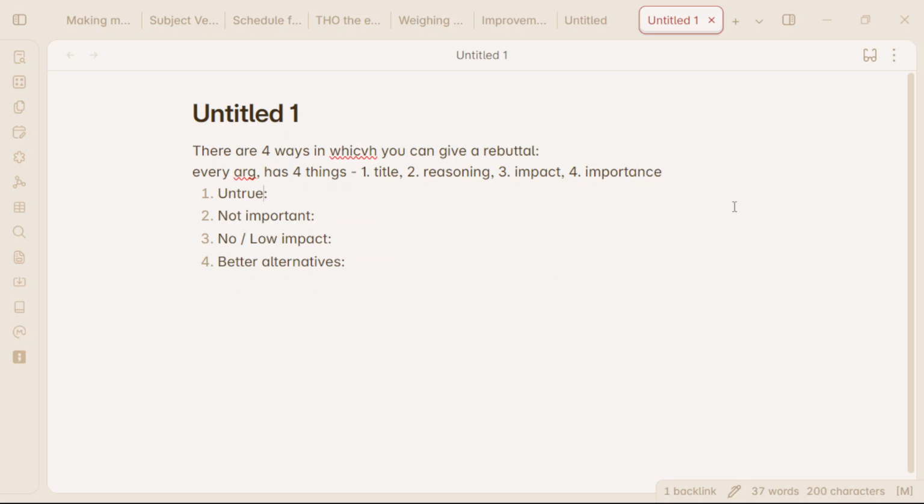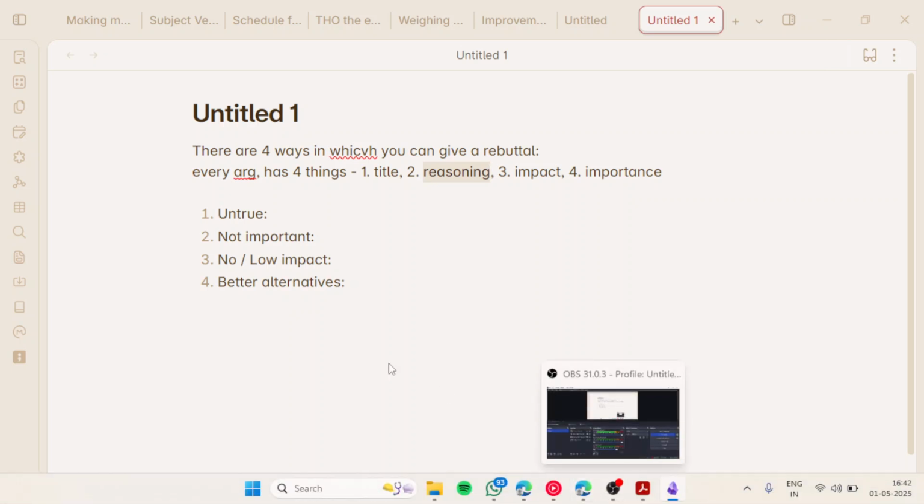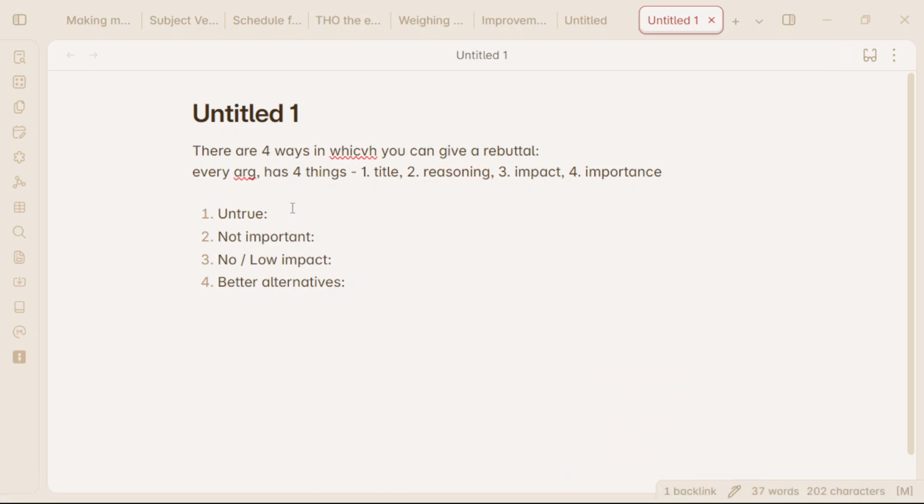Now, if you were to say that your opponent's reasoning is not right, or if there are logical gaps in that, then it basically means that you are saying that their argument is not true. So if you attack the reasoning of your opponent's argument, you are trying to prove that their argument is untrue.